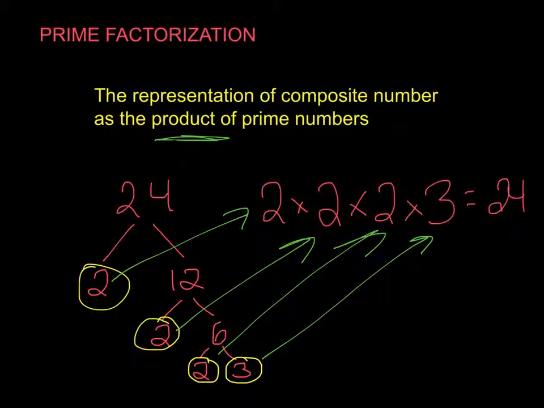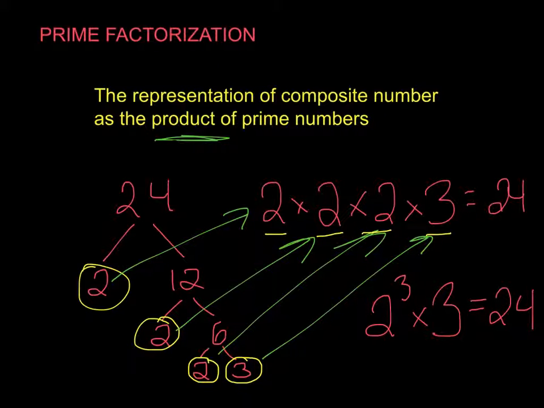So now we have the number 24 represented as the product of prime numbers, which is 2 times 2 times 2 times 3, or you can write it as 2 to the power of 3, because there's 3 2's, times 3, because there's 1 3, that equals 24.